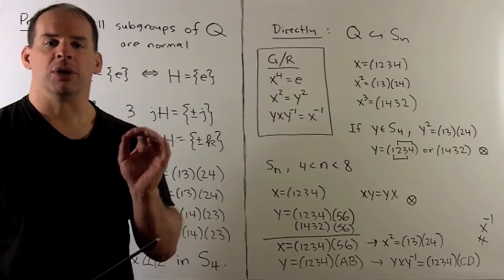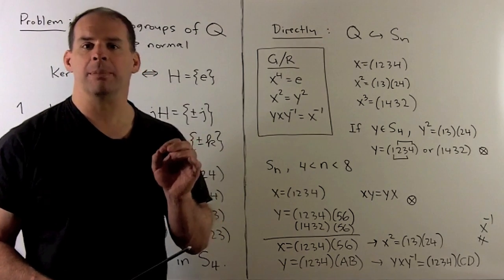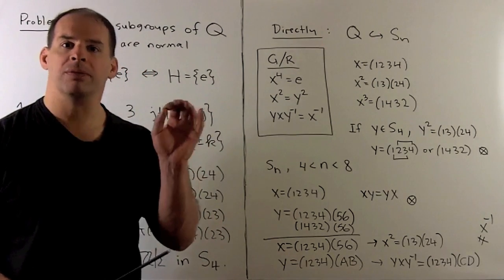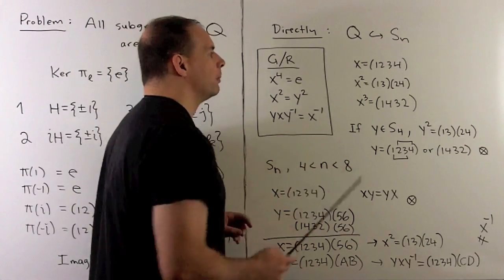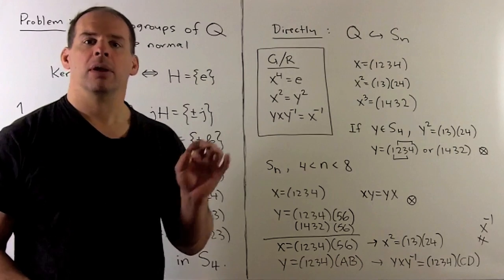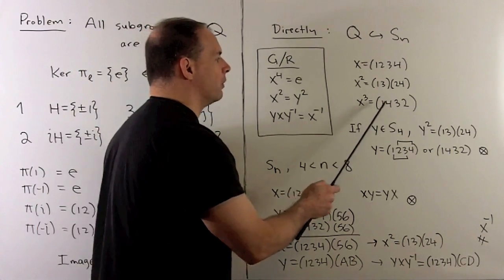Now, because x has order 4, the smallest symmetric group that we can be in is S4. We need a 4 cycle. So let x be equal to (1 2 3 4). If I square x, we get a product of disjoint 2 cycles, (1 3)(2 4). And x cubed is (1 4 3 2).